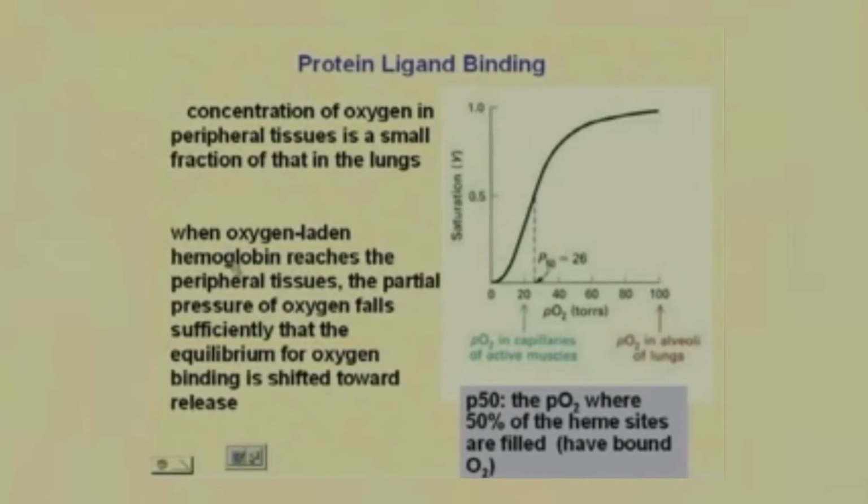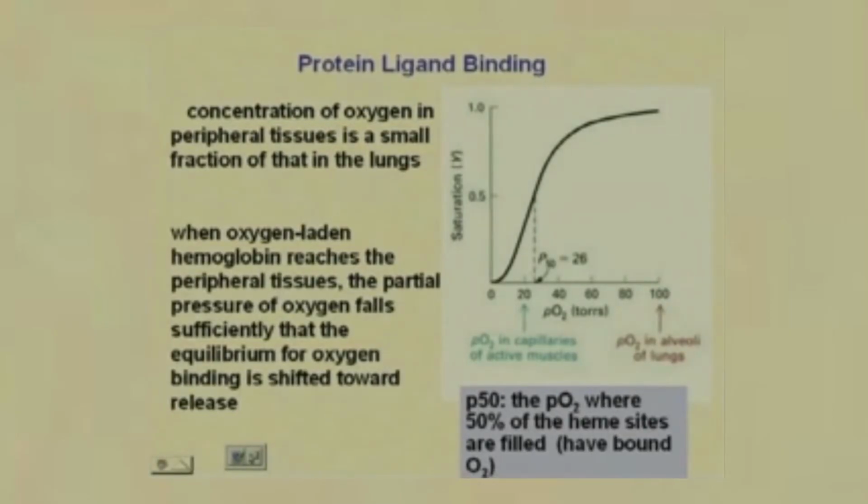Now, when oxygen laden hemoglobin reaches the peripheral tissues, the partial pressure of oxygen falls. So, what happens is the saturation is less. So, hemoglobin will release the oxygen, right?